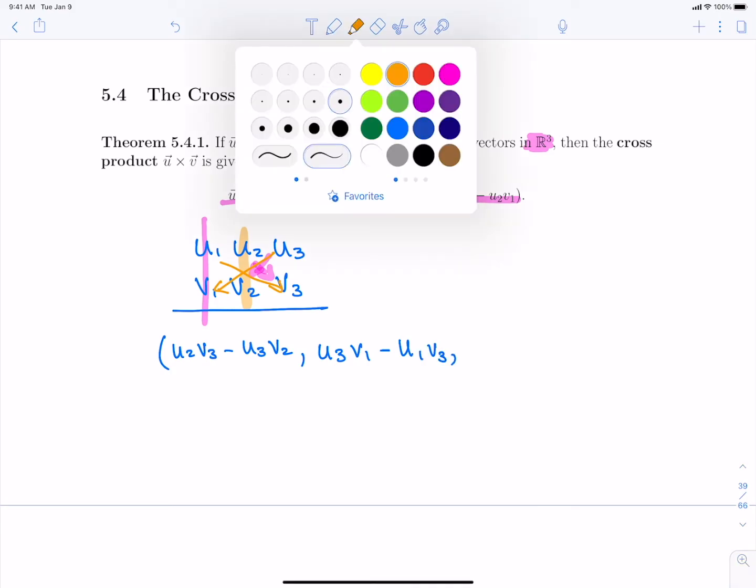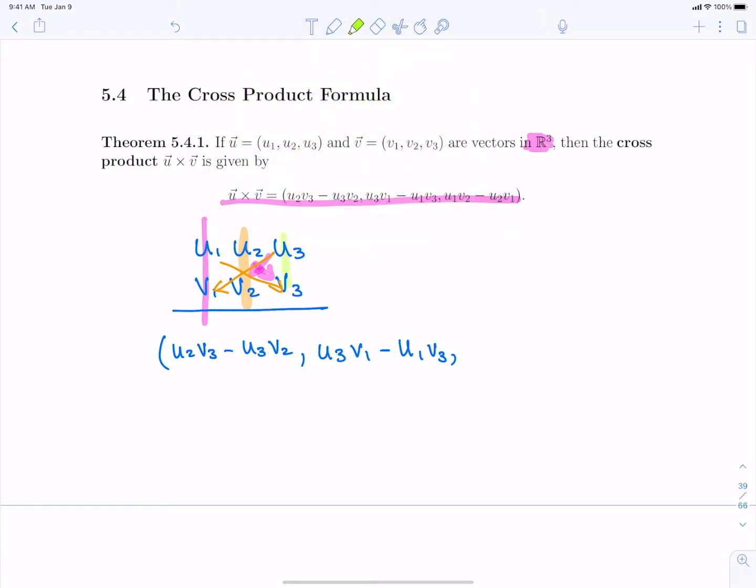And for the third one, I come back and I go left to right. So I just have to remember to switch it when I do the middle one: u1 v2 minus u2 v1.